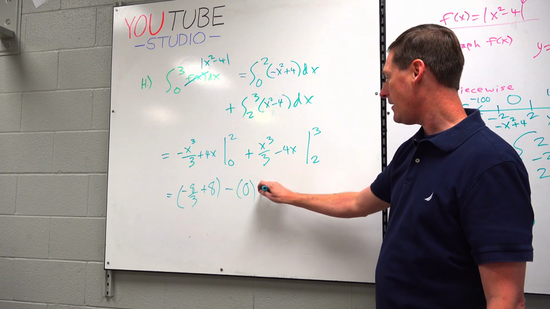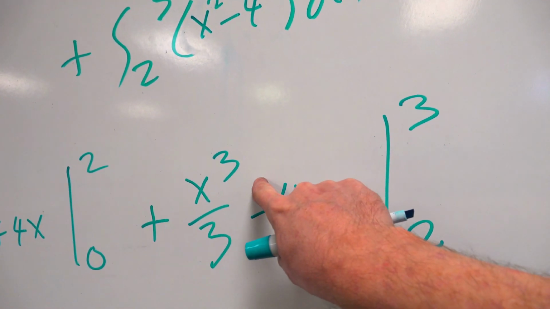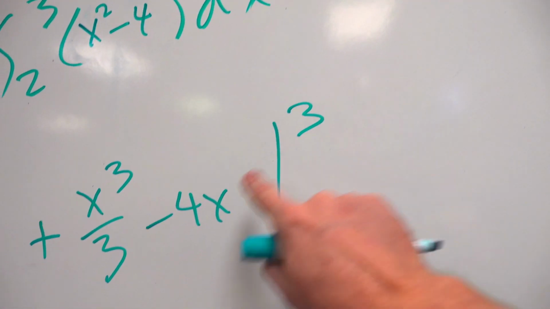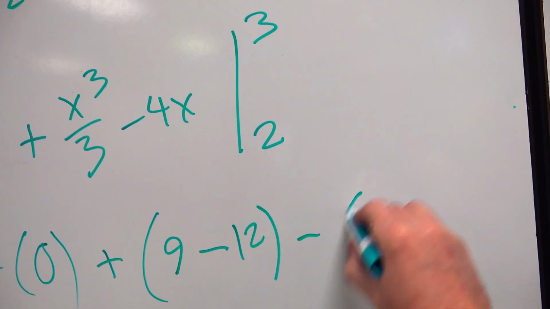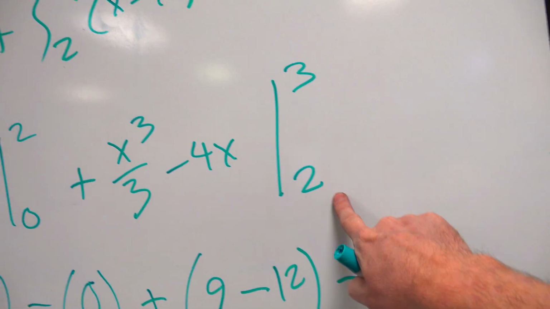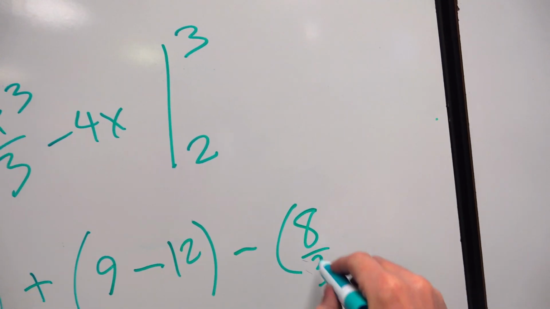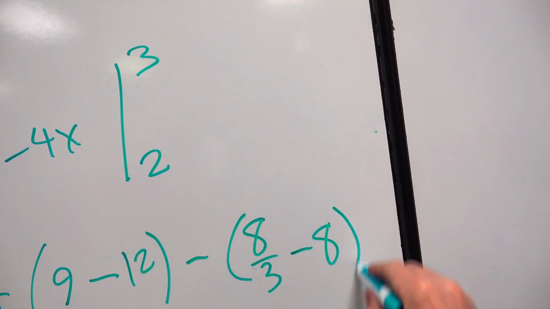Plus sign carries down. Plug in the top number. 3 cubed is 27 over 3 is 9 minus 3 times 4 is 12, minus the bottom number. 2 cubed is 8 over 3 minus 4 times 2 is minus 8.